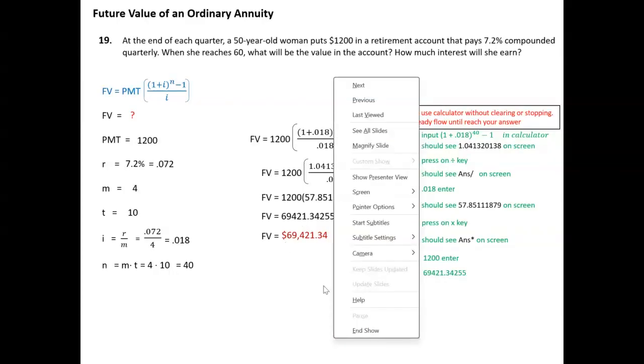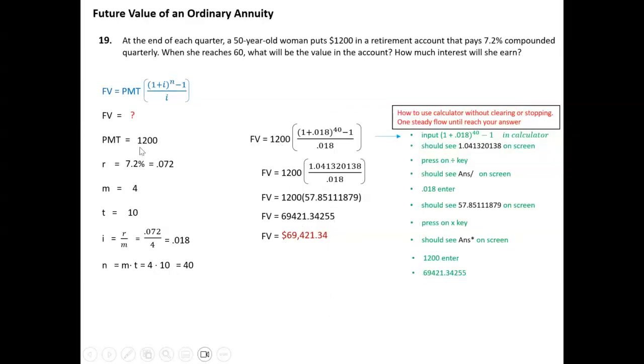Now, for the second part, how much interest will she earn? Okay, here, guys, right? We have to get the payments. How many payments did she make? She made 40 payments. 40 payments of 1,200. So how much money came out of her pocket? Or how much money did she invest? So it's going to be 40 times 1,200, which will give us $48,000.